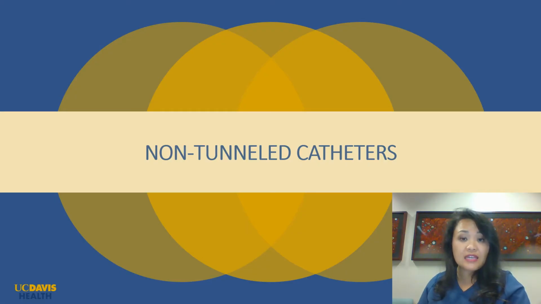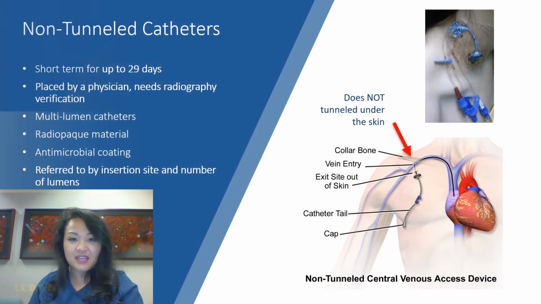Now we will be looking at non-tunnel catheters, which are the central lines that you may more frequently use. Non-tunnel central venous catheters are intended as a short-term vascular access device for up to 29 days in the acute phase of an illness.